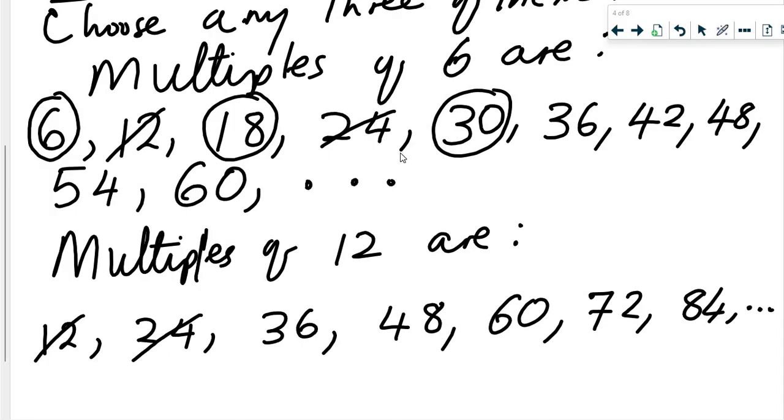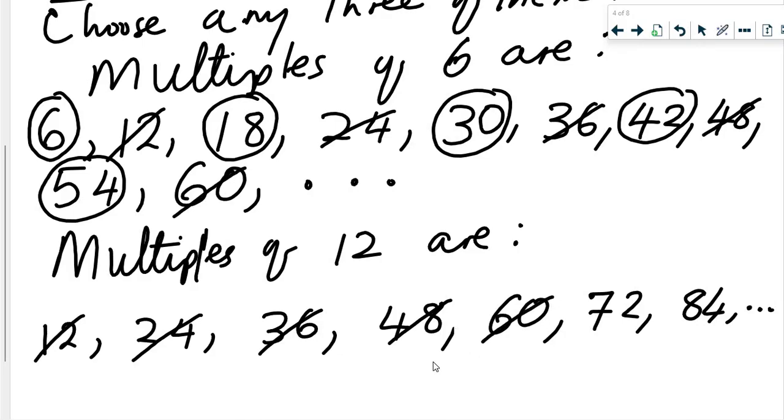Go to 30. 36 is a multiple of 12. We need to avoid this. Go to 42. 48 is a multiple of 12. We need to avoid that. Then take 54. 60 is a multiple of 12. Avoid that. So you keep going.